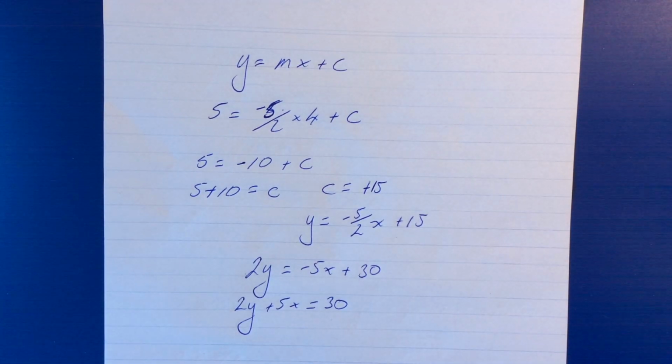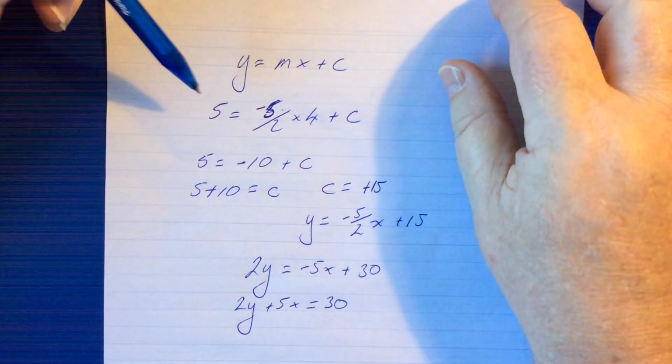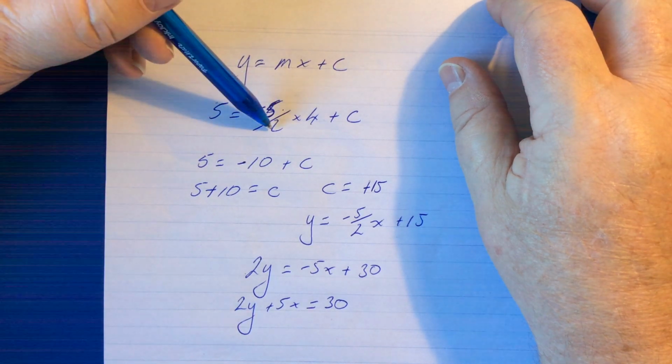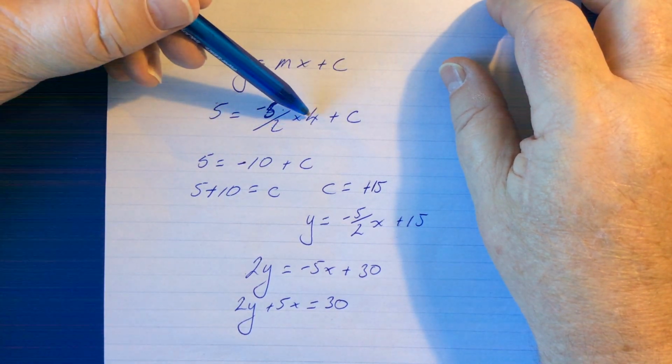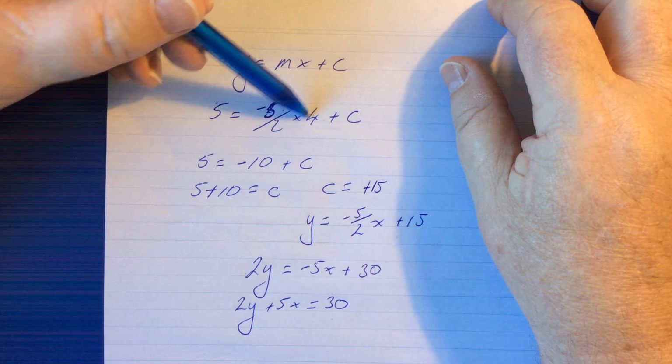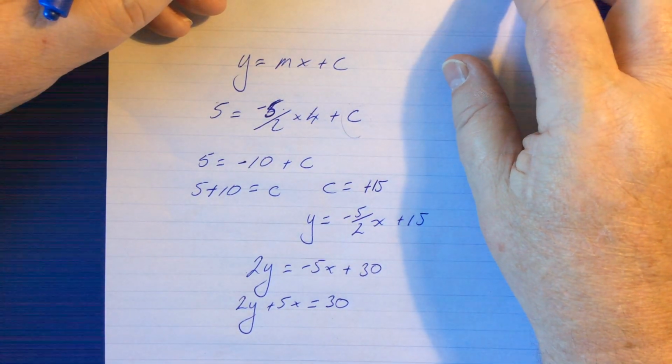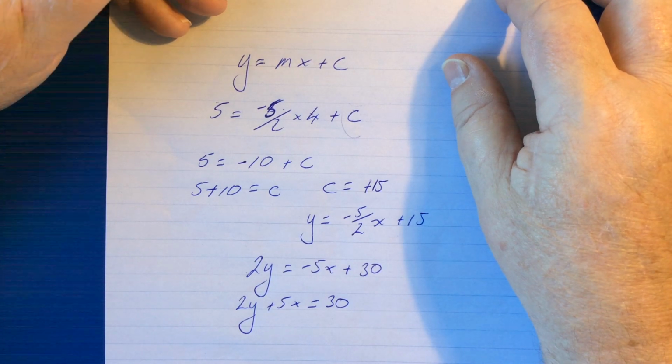We're working on the basis that our linear equation is in the form of y equals mx plus c. We know that our y coordinate is 5. We know our gradient is negative 5 over 2. We know that our x coordinate is 4. And we are looking for c, the final piece in the puzzle.